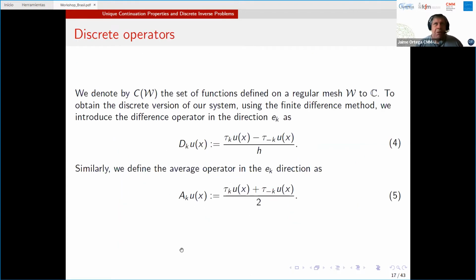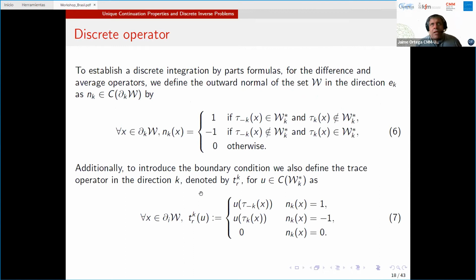And I'm going to take a derivative, but the derivative is the classical centered finite difference for the derivative. I'm also going to take an operator that is in substance an average: I take two points of the mesh, consider the translated points, and put the average operator.